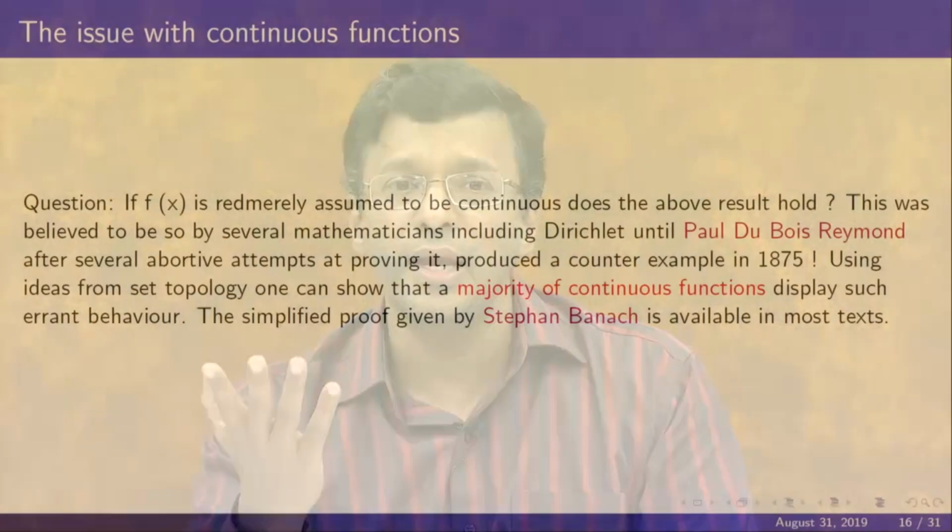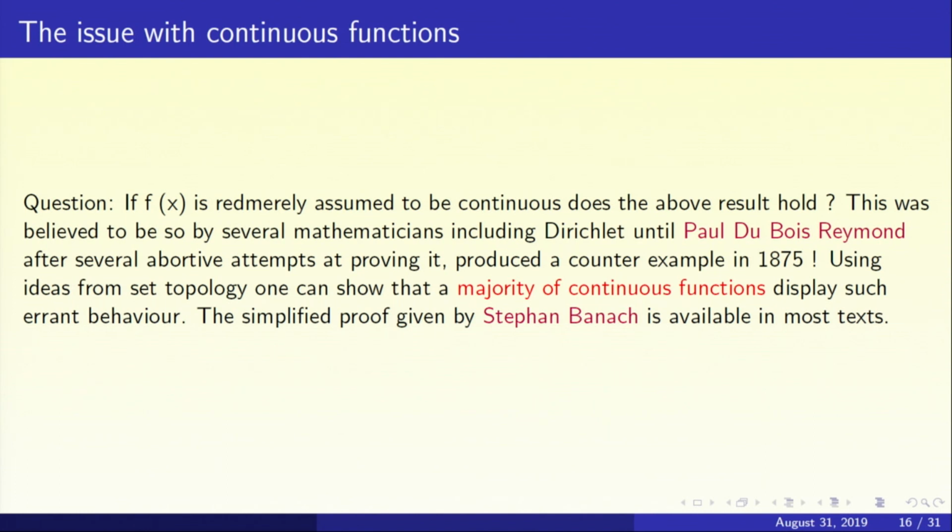Paul Dubois-Reymond, after several failed attempts at trying to prove this, finally produced a counterexample in 1875. The result is not true. If you take a continuous function, the Fourier series of the continuous function may not converge. In fact, this problem is going to happen with a majority of the continuous functions. A majority of continuous functions will exhibit this errant behavior.